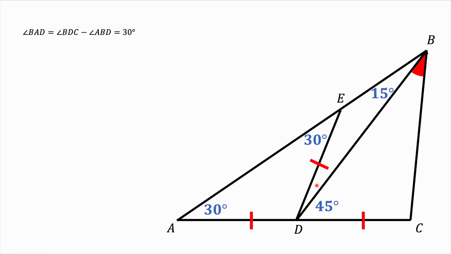And that means that our angle EDB is 15 degrees. But now, again, if you look at this triangle DEB, we find that there are two congruent angles in this triangle, this angle and this angle. And therefore, this is an isosceles triangle, and the side DE equals the side EB.